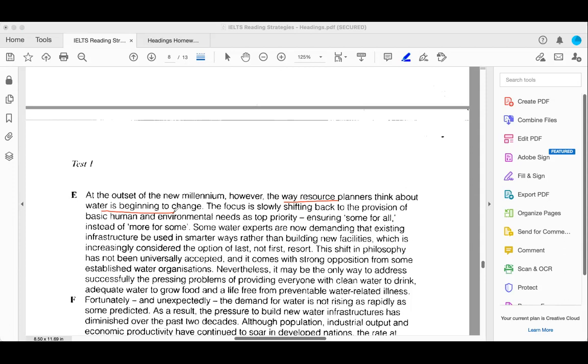What are resource planners? They are people, right? What do they do? They plan how to get fresh water. So the way these people who plan are thinking is changing. All right, we go back.